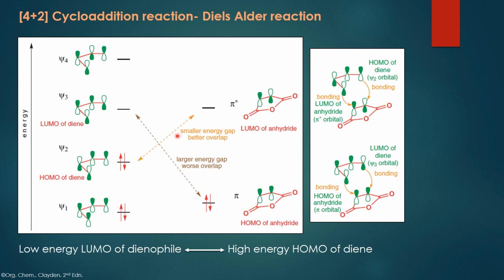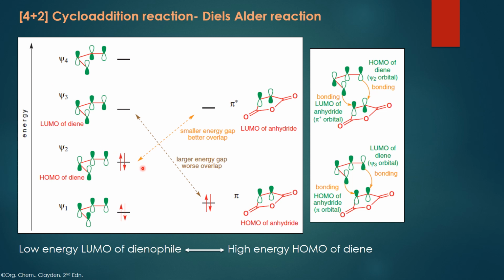So that is why it is said that a Diels Alder reaction is more favored by substitution of the diene with an electron releasing group and substitution of the dienophile with an electron withdrawing group, thereby decreasing the energy gap between the HOMO of the diene and the LUMO of the dienophile. Thus the Diels Alder reaction is favored under thermal condition.